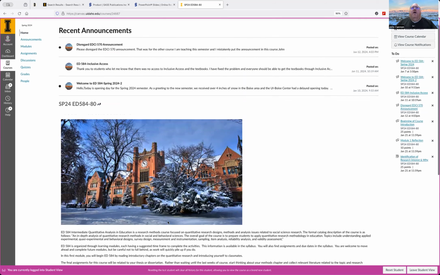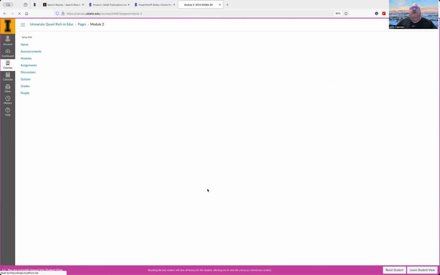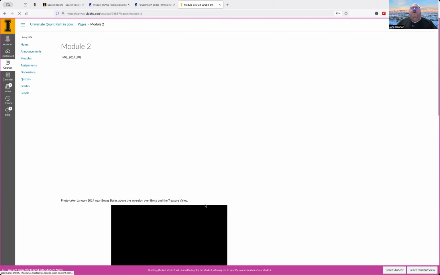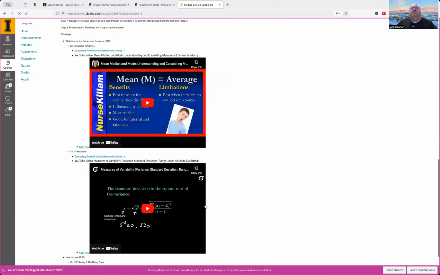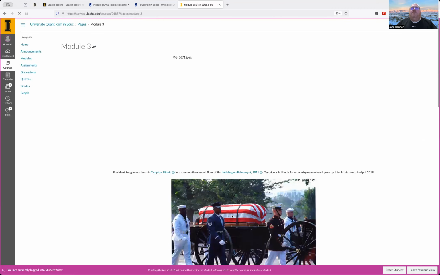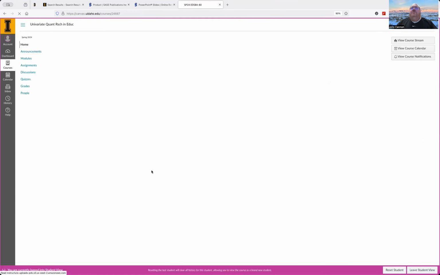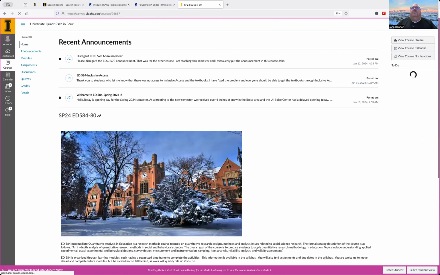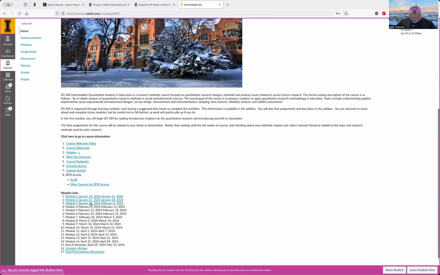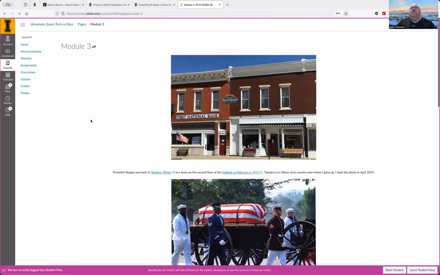There are two ways to get into the module. The first way is you go in through the previous module, go to module number 3. And the other way is to enter through the home screen. So let's go ahead, go in there, get going.